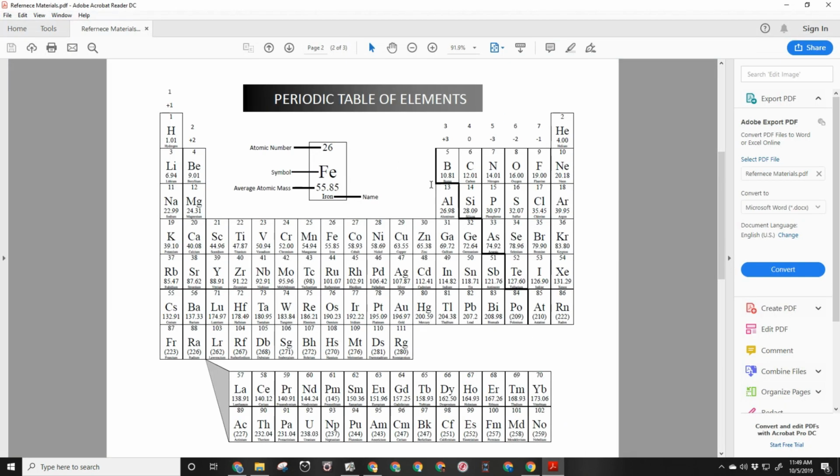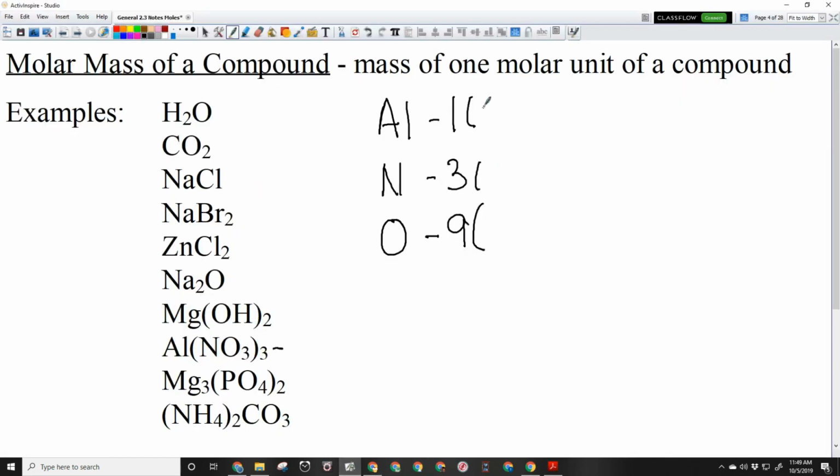So aluminum is going to be 26.98. That's a parentheses there. Okay.